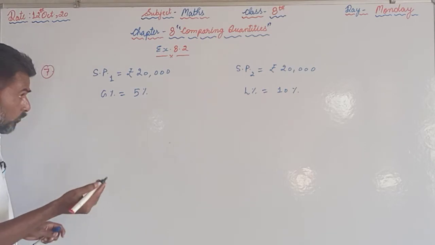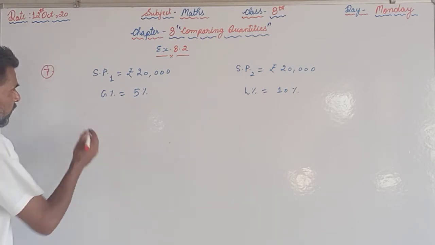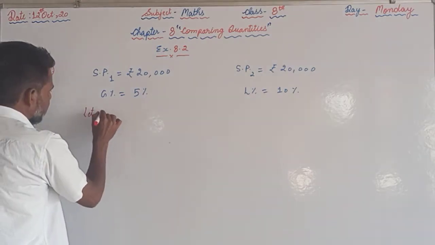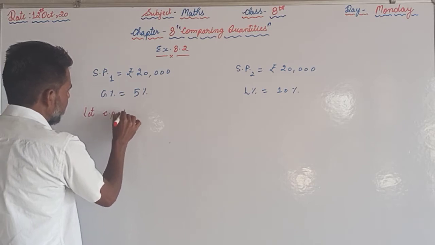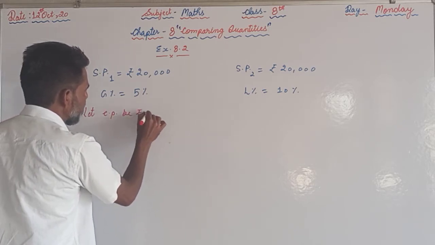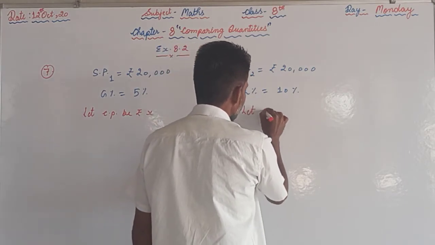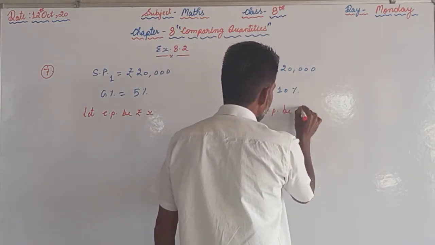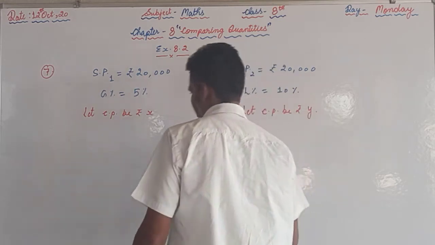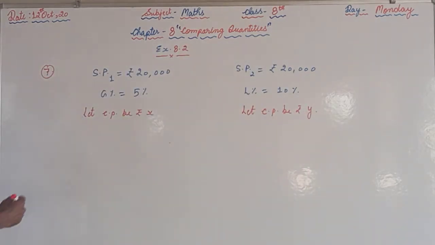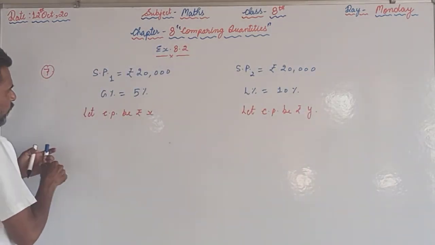For that we should know the CP. Let CP be rupees X here, and here let CP be rupees Y. So how to find out the SP?